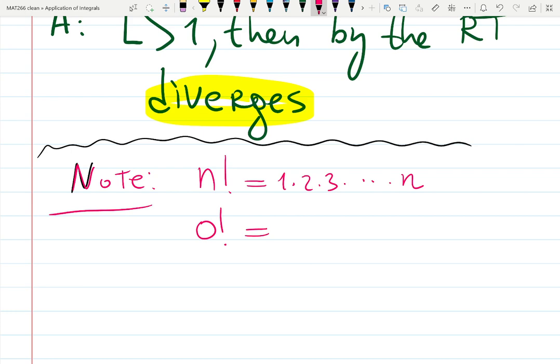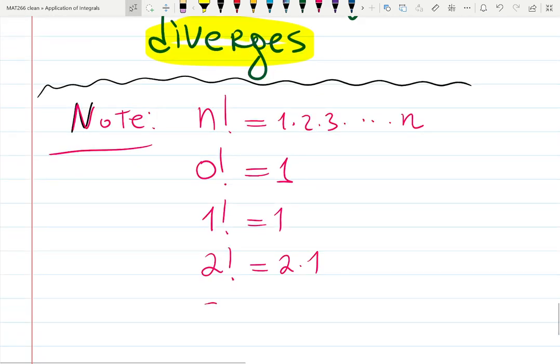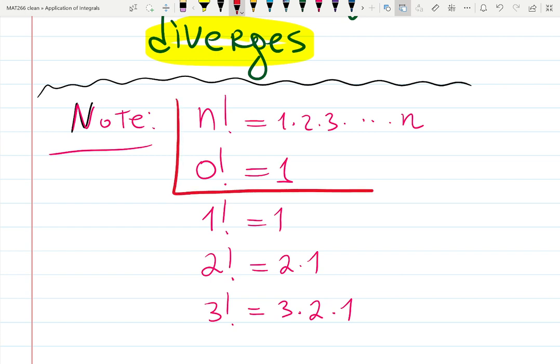Sometimes mathematicians just make a choice to be consistent. And to be consistent, they chose this to be 1. 0 factorial is 1. It was made a choice to make sense of the set of factorials. Then 1 factorial is also 1. But 2 factorial is 2 times 1. And 3 factorial is 3 times 2 times 1. And so on. These two things are very important to remember.